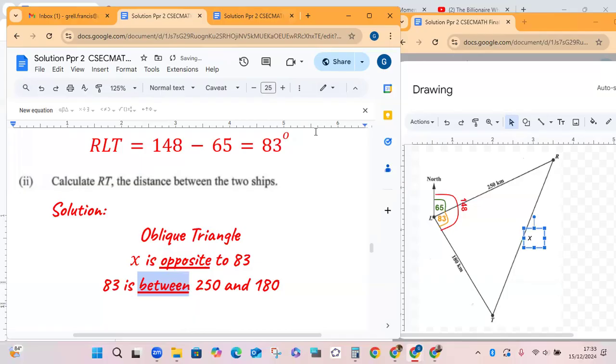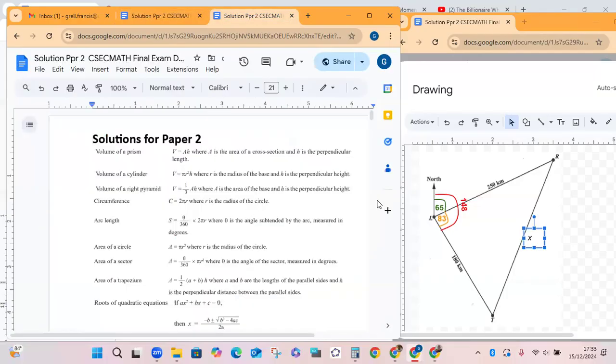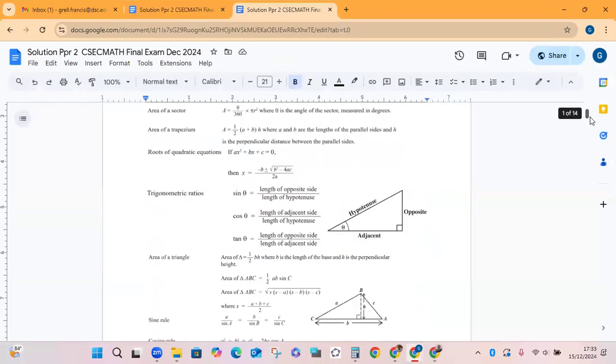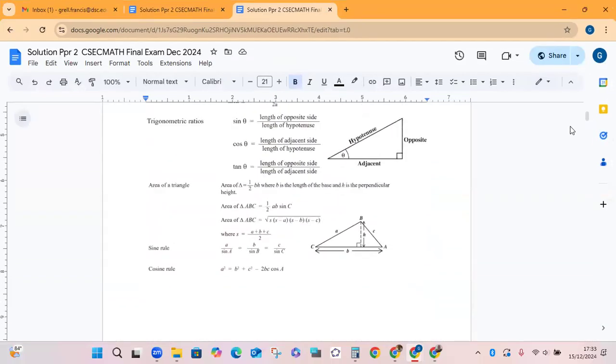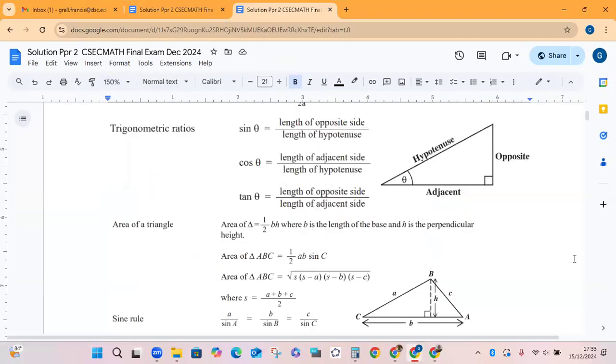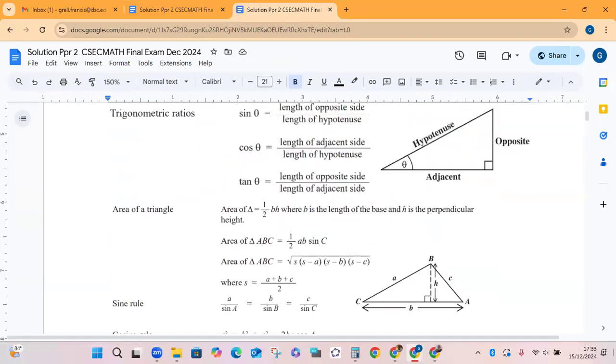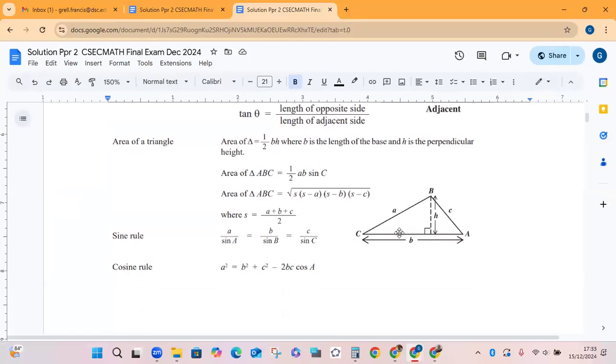And you may wonder, why is that so? Let's look at the sine and cosine rule. They will be provided to you in the exam. Here they are. It's part of the list of formulas. If we take a close look at the nature of the sine rule, remember, the lowercase letters are the sides and the uppercase letters are the angles.